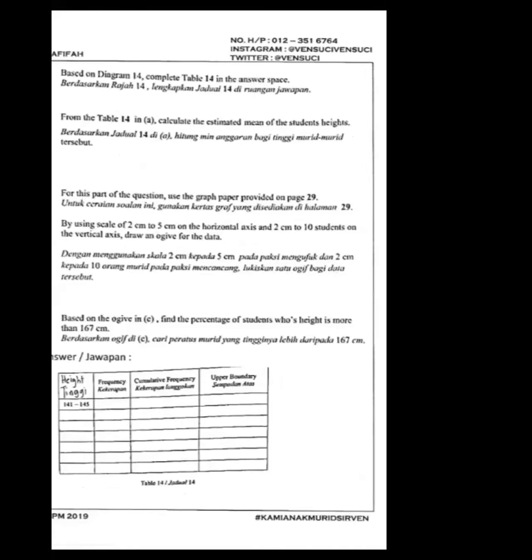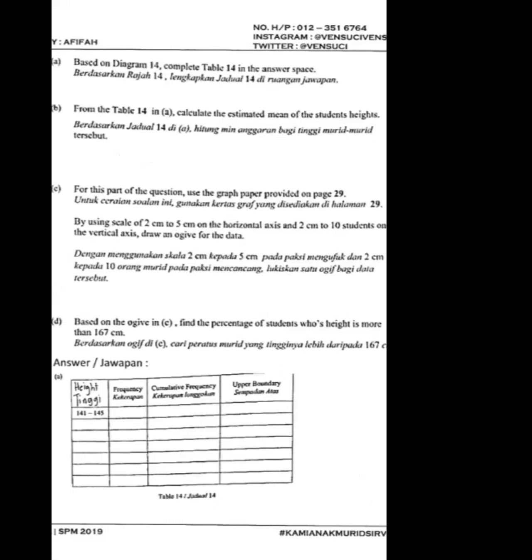Using a scale of 10 to 5 cm on the horizontal axis, for the horizontal, which is the height, this is the horizontal. Do not mix up, because students will always mix up the horizontal. 2 cm to 10 students on the vertical axis.